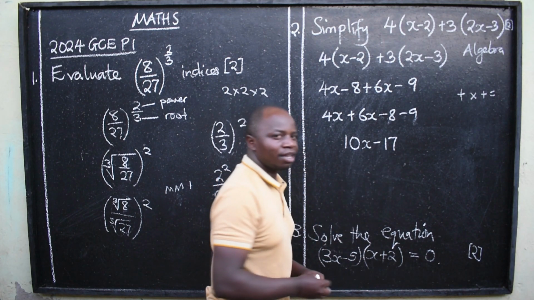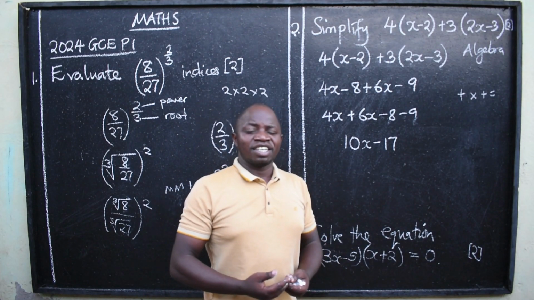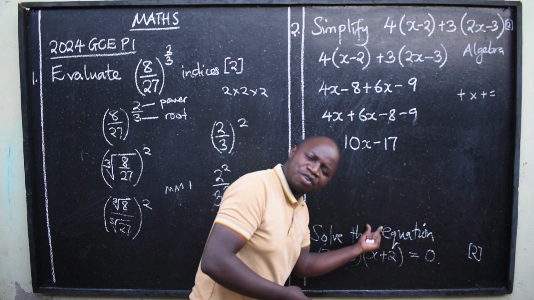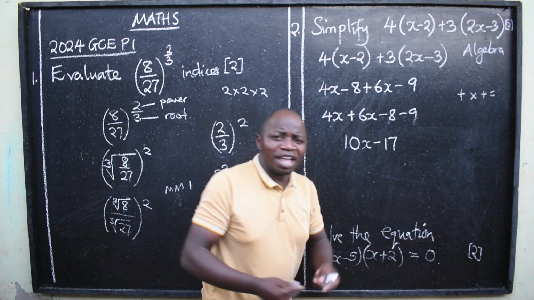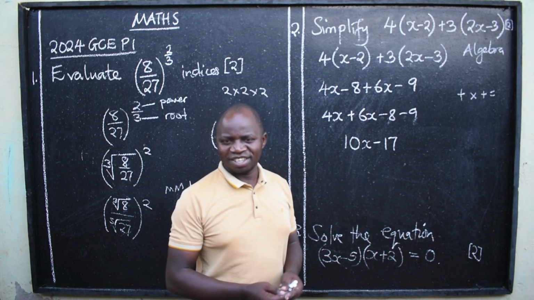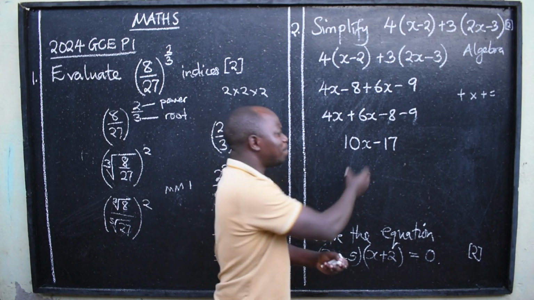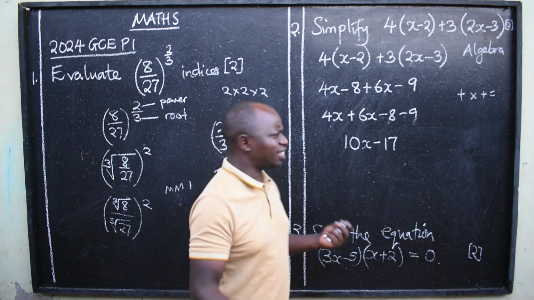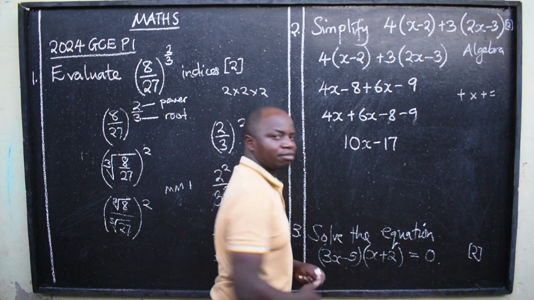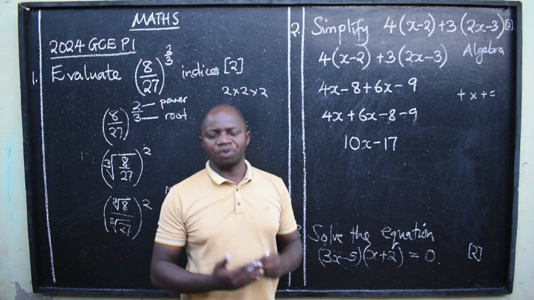17. What next? I have seen students who even pass this stage keep on going. Where they are going, nobody knows. But we've seen these things. Even when you are marking, you ask yourself, why did this student just keep on? It's because you don't know where you're supposed to end.